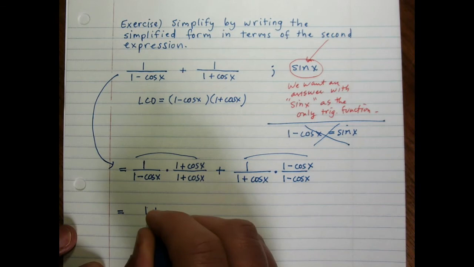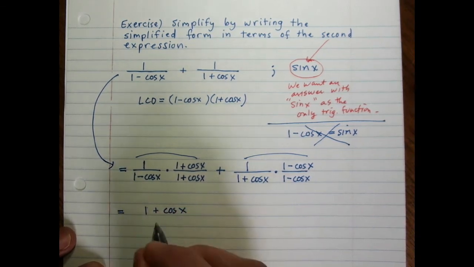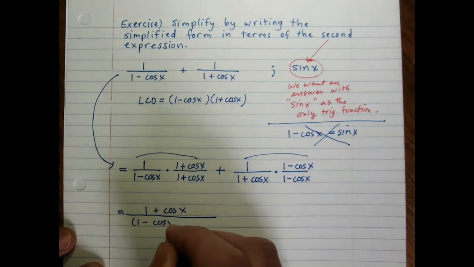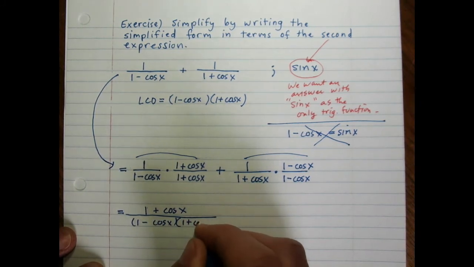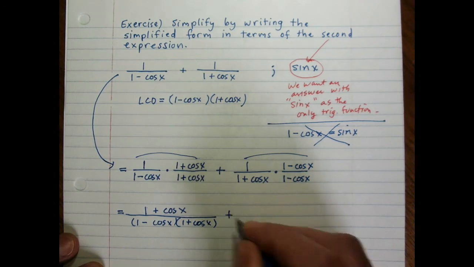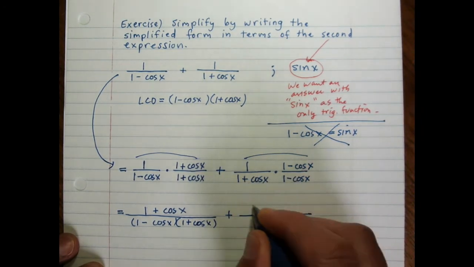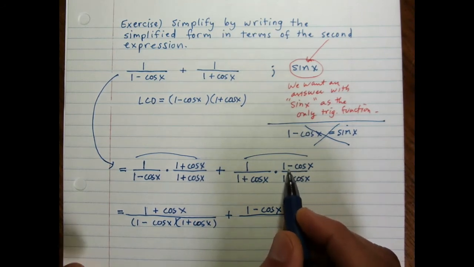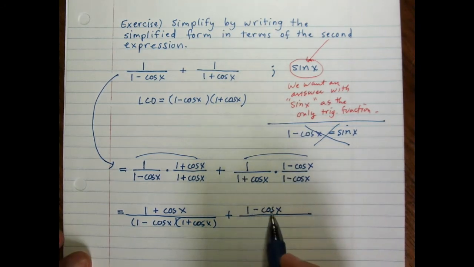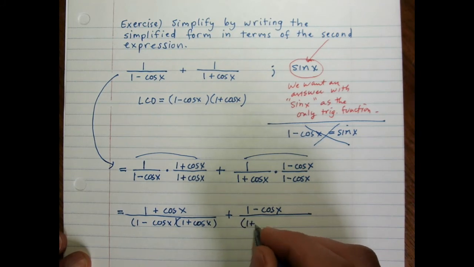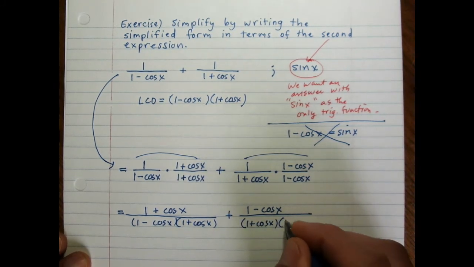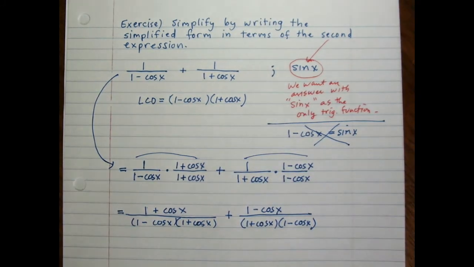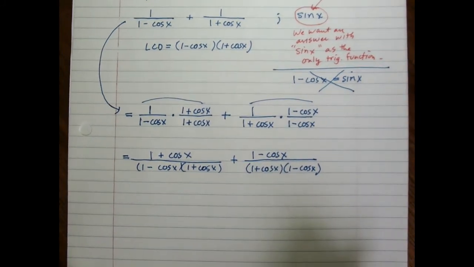So I get 1 plus cosine x now over 1 minus cosine x, 1 plus cosine x, plus my second fraction becomes 1 minus cosine x in the numerator, because 1 minus cosine x times 1 is just itself, over 1 plus cosine x, 1 minus cosine x. So I haven't really changed the look of things now. I just have one fraction plus another.